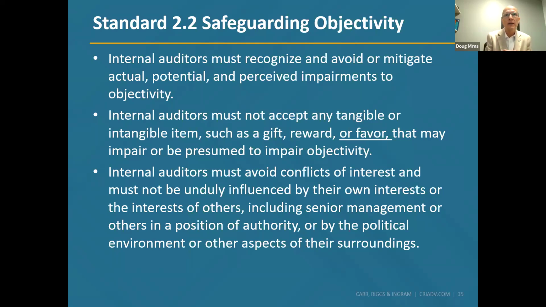Just be careful to make sure that you don't create an issue that gives the appearance that your objectivity might be impaired. Internal auditors must avoid conflicts of interest and must not be unduly influenced by their own interest or the interest of others, including senior management and others in positions of authority, or by the political environment or other aspects of the surroundings.